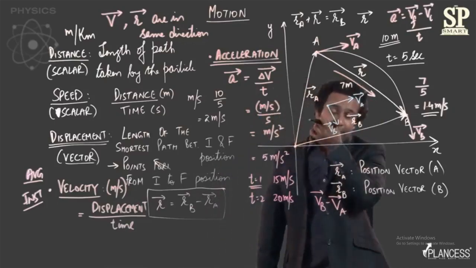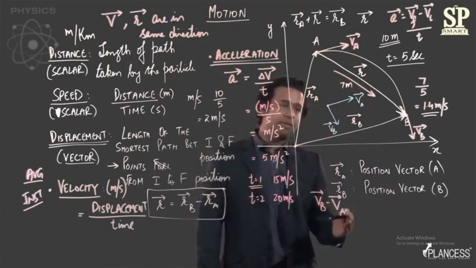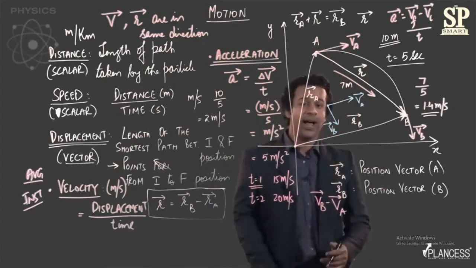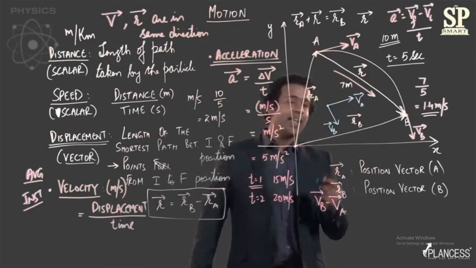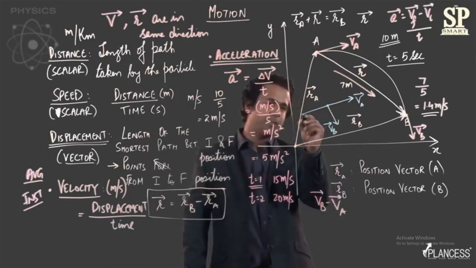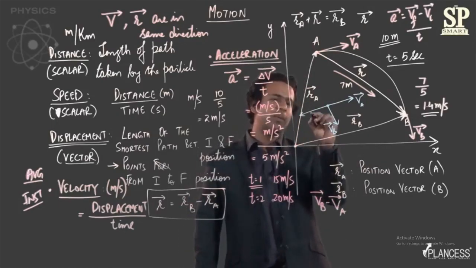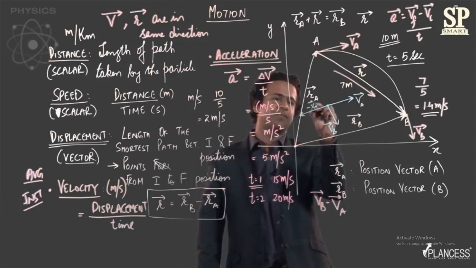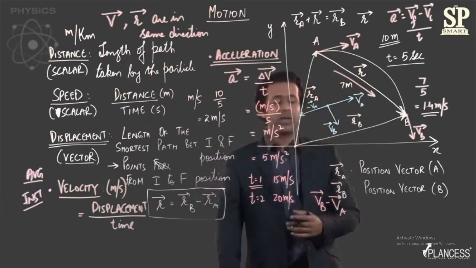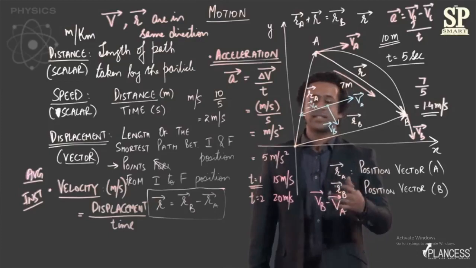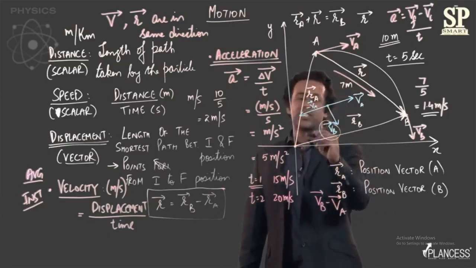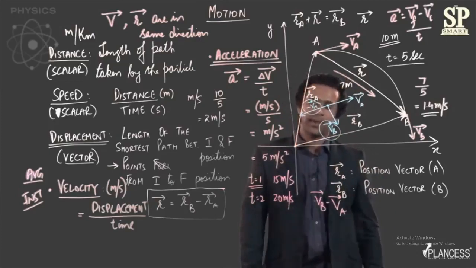What we wish to find is VB minus VA. To do that, let's draw the vector which is minus VA. So minus VA, you know, will point in this direction. So once we have this, we are basically looking for the sum of these two vectors, which is VB and minus VA.